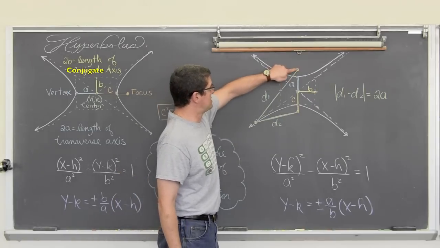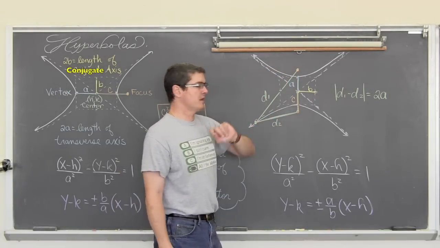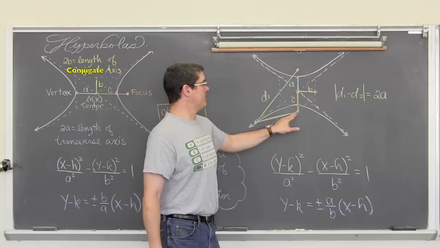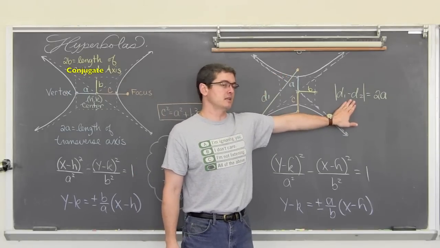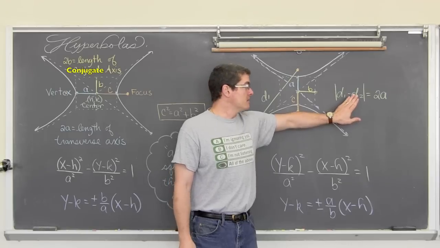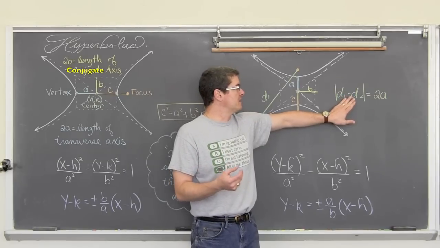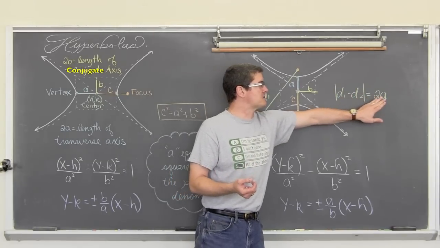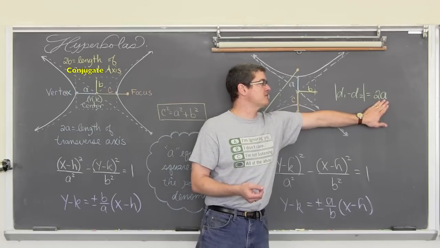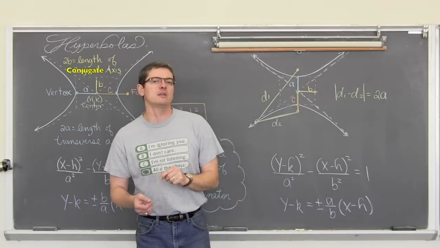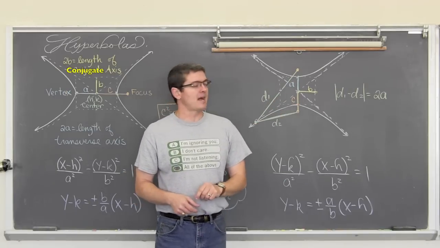But when you go from focus to graph to focus, instead of the sum of those distances being constant, the difference is constant. It's subtraction instead of addition like with an ellipse, but the difference is a constant as well, and it is also equal to 2a.